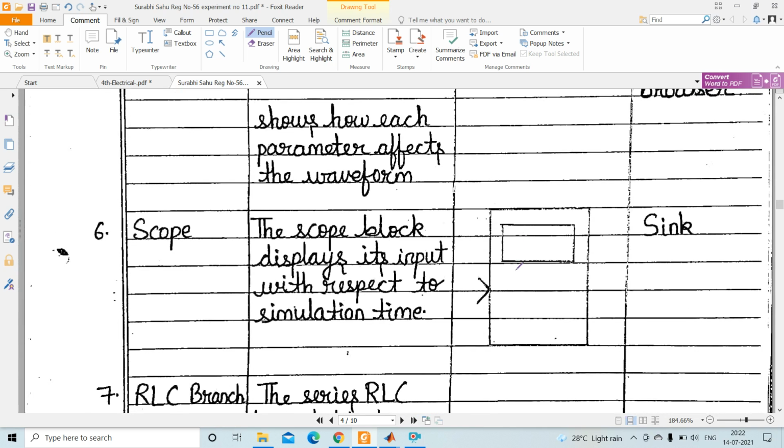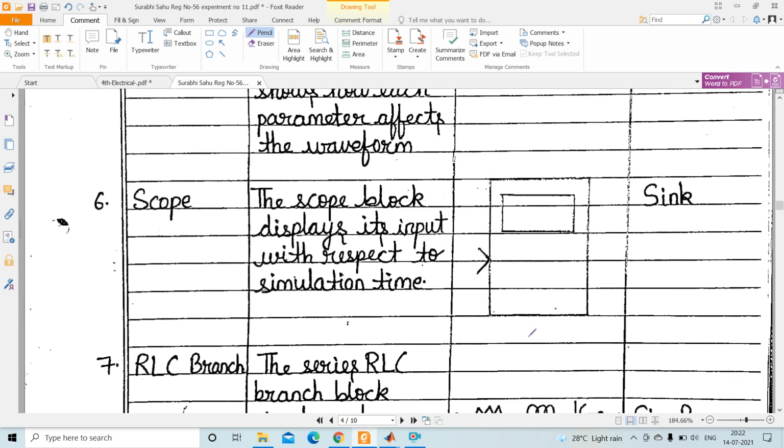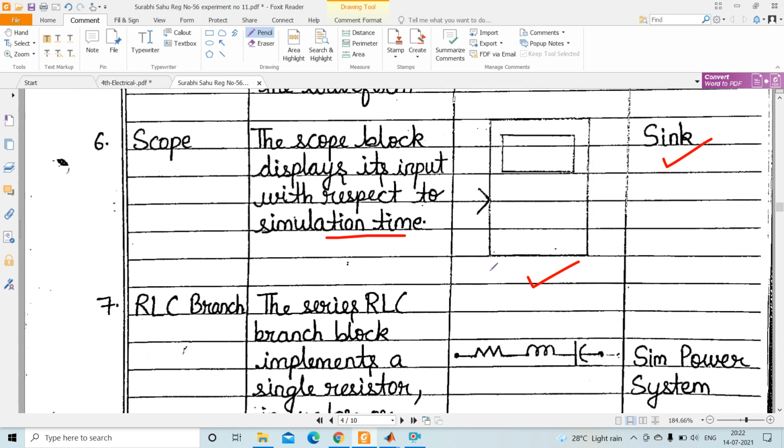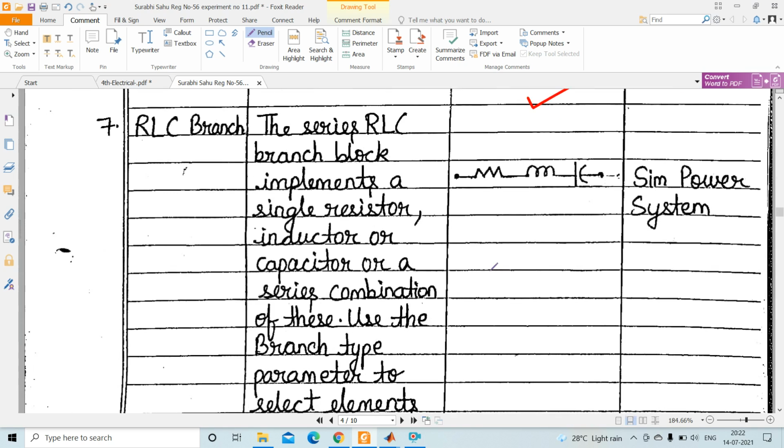Then the scope. This block is found in the sinks section, and it displays its input with respect to simulation time. Here we can see the different outputs and input waveforms, whatever is in the form of a waveform, through this scope. Then the RLC branch.